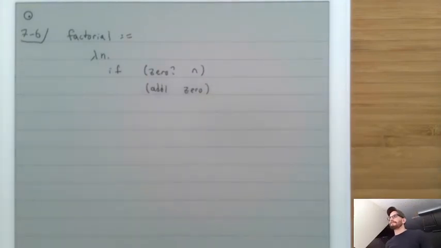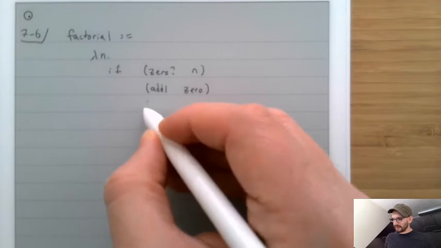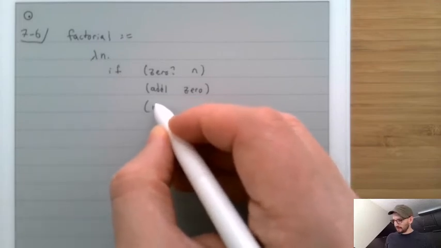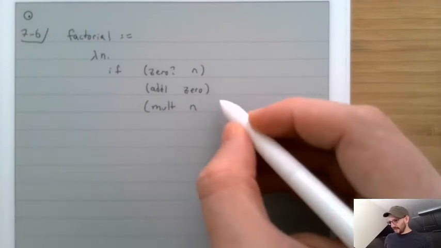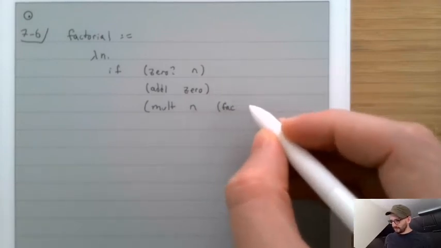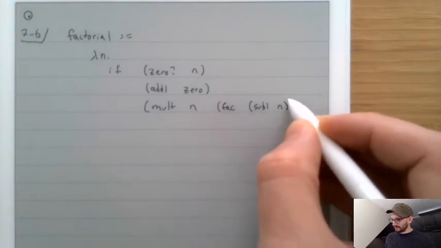Okay? Otherwise, we're going to call multiply of n and the factorial of subtract 1 of n.